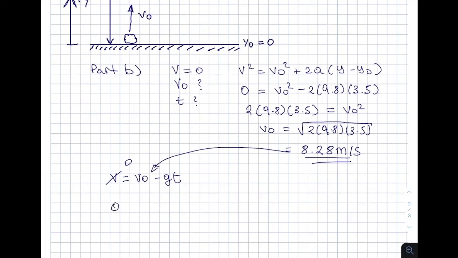So 0 is equal to 8.28 minus 9.8 times t. This means t is equal to 8.28 divided by 9.8. And the answer is 0.845 seconds.